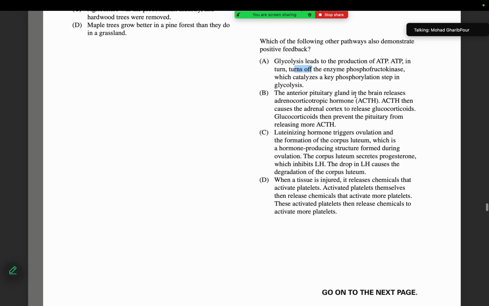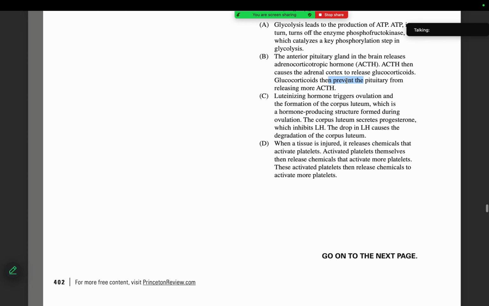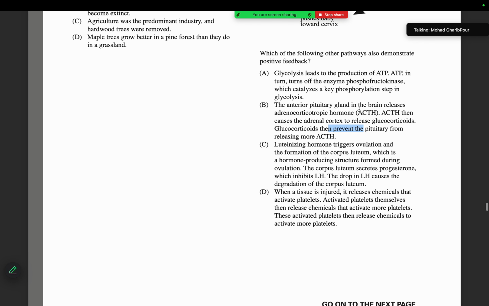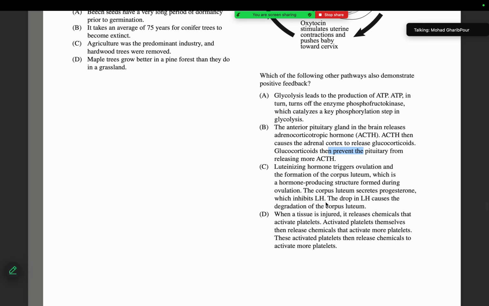The anterior pituitary releases ACTH. ACTH then causes the adrenal cortex to release glucocorticoids. They then prevent the pituitary from releasing. So prevent, no. That's negative feedback. LH hormone triggers ovulation and the formation of the corpus luteum. A lot of these things would have been included in your curriculum, but they're removed.